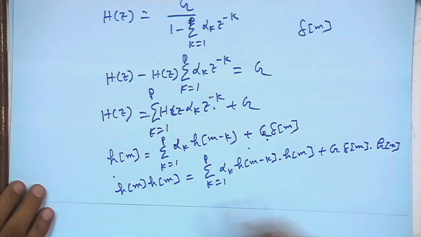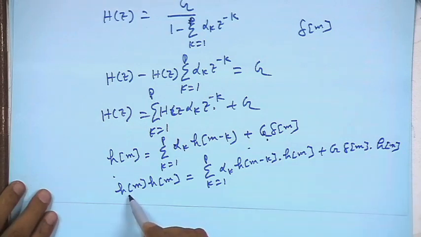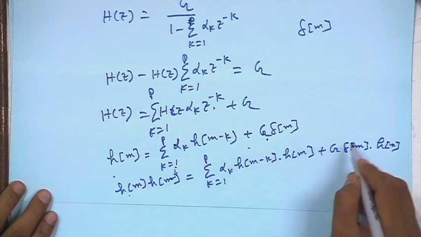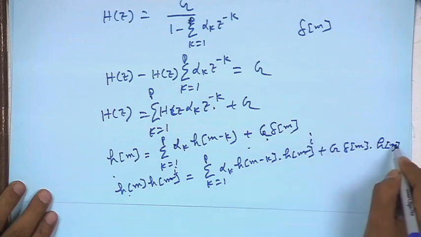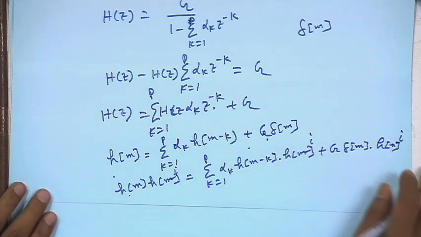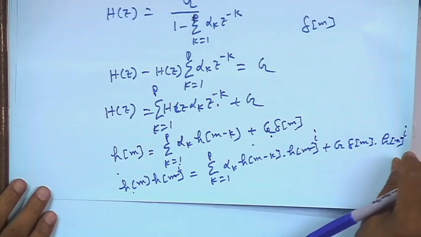Okay. So, let us multiply both sides by h(m minus i).